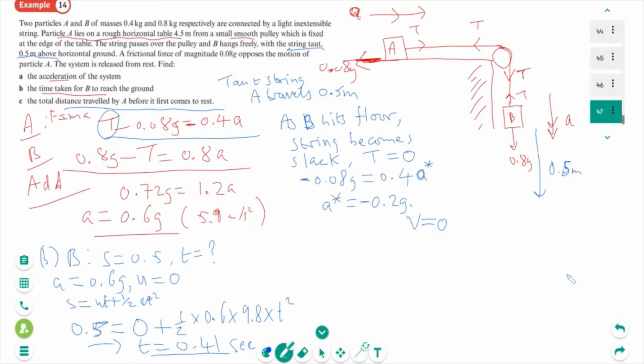You can use V equals U plus AT, I believe. So for particle B, use V equals U plus AT to find the velocity when it hits the ground. Remember it started from rest. The acceleration of particle B when it's moving is 0.6 g.